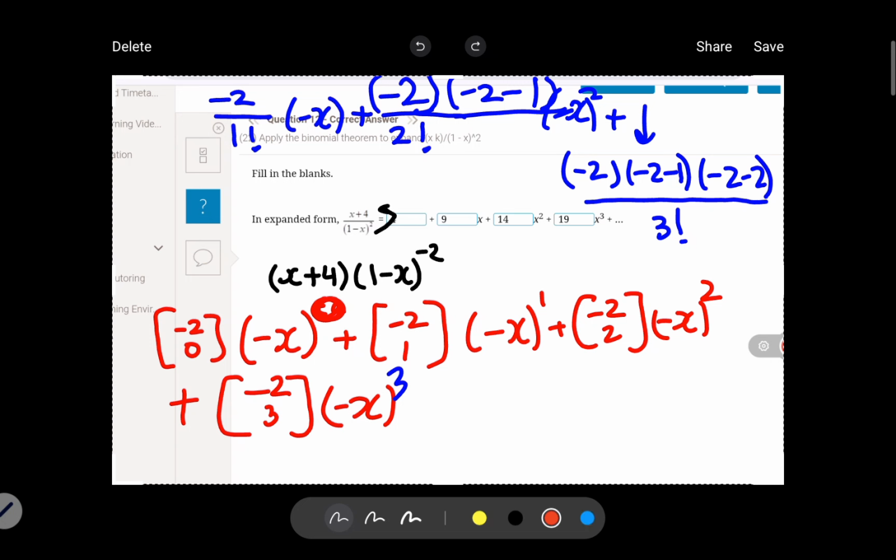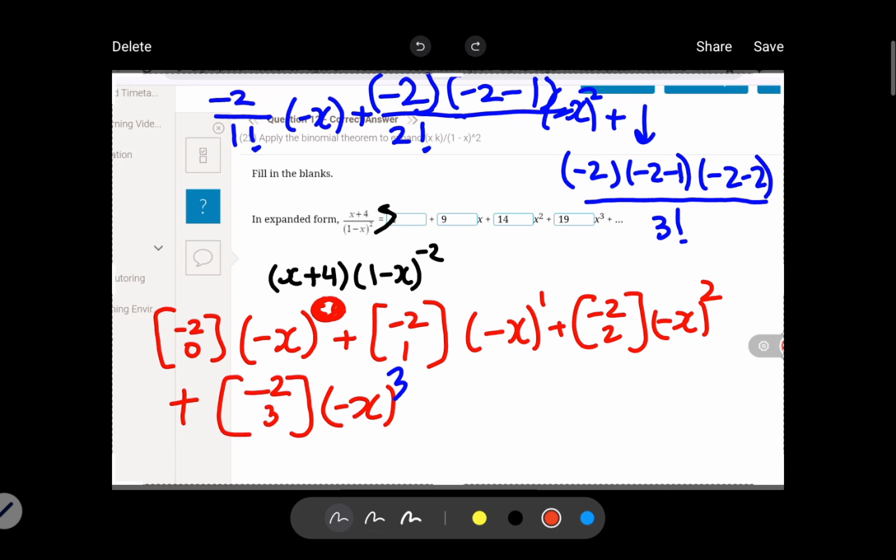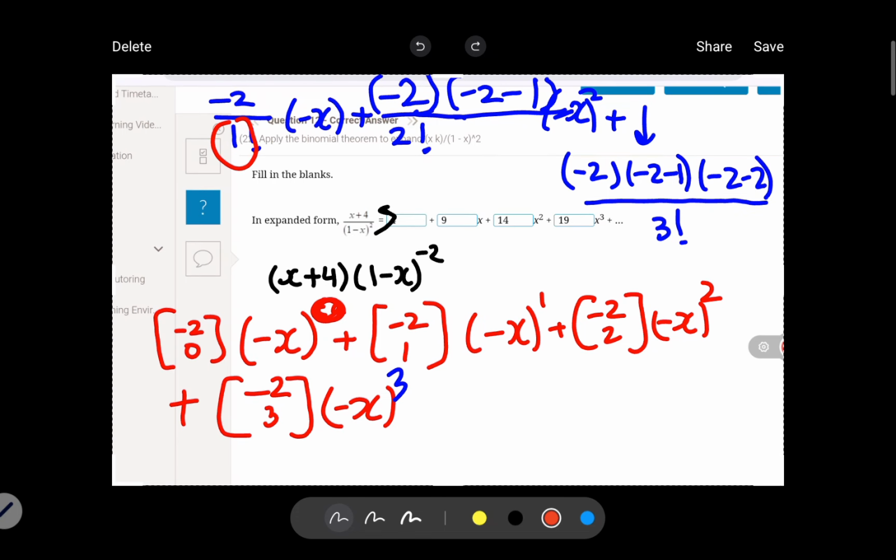Okay, here we didn't do minus 1 because it's only 1. Here we did minus 1 once because it's 2. Here 3, we did minus 1, minus 2 because there's 3 factorial.